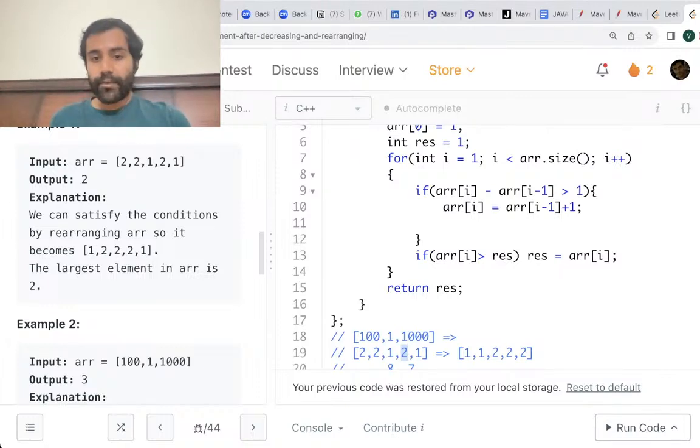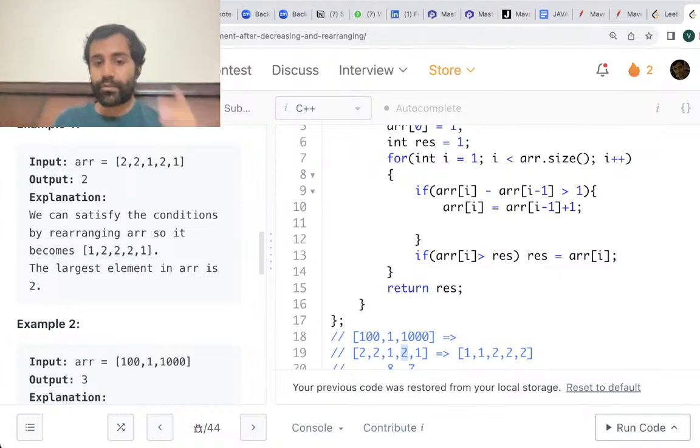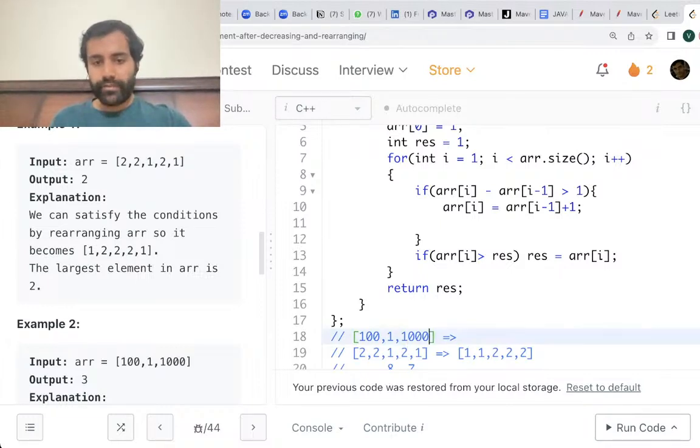So the maximum possible value of your answer can be n, provided you have n elements, right? It cannot be n plus 1 or n plus 2 or anything more, because if it were, that means you are missing an element, and then the adjacent difference rule is not being obeyed. So in this case I can first rearrange it into ascending order, thereby we get something like this, 100,000, and after that we can change this element to 2, which we can, right?